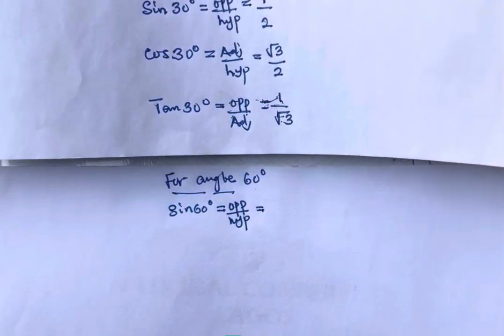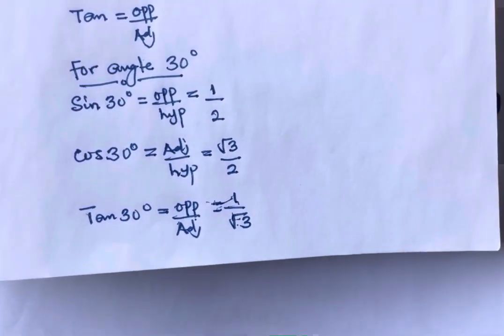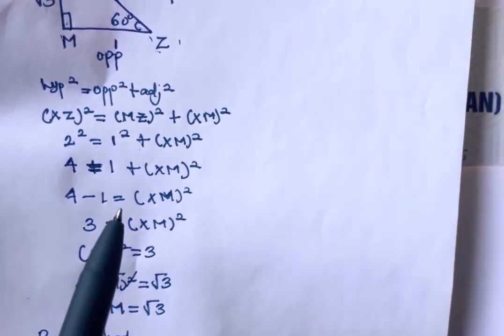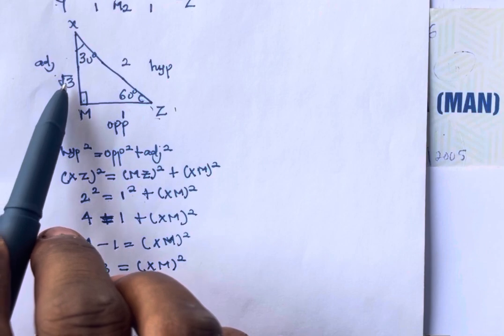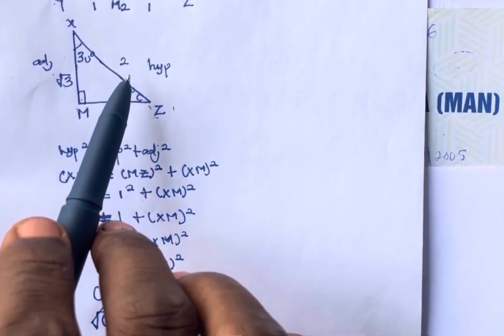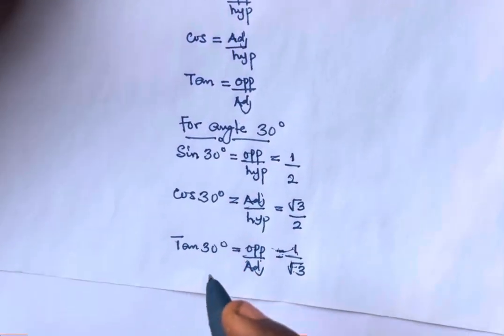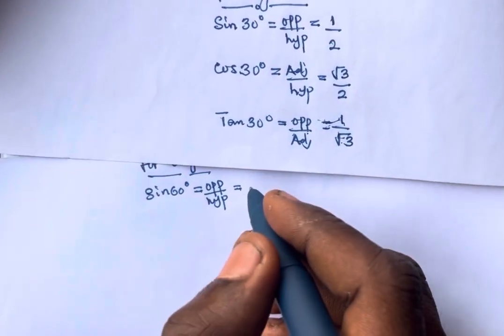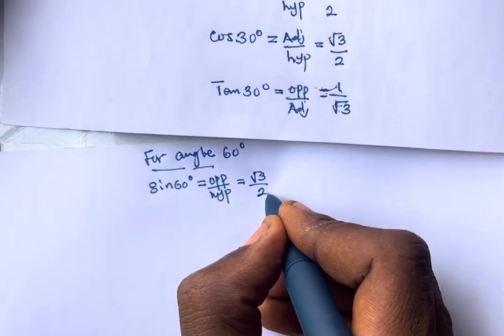So for angle 60 degree, let's look at this triangle. This is the 60, this is the opposite, and that's root 3, divided by hypotenuse, that's 2. We have root 3 over 2.